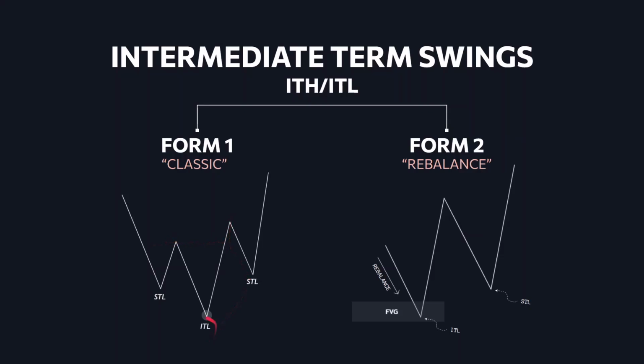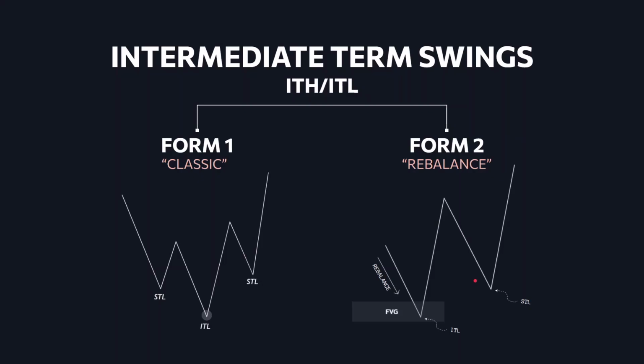Price comes down, doesn't break this, and goes up from here. Now, it's basically a short-term low on both sides with an intermediate term low in between. This is the classic intermediate term swing, okay? Two short-term lows that have a swing in between, and this is an intermediate term low.